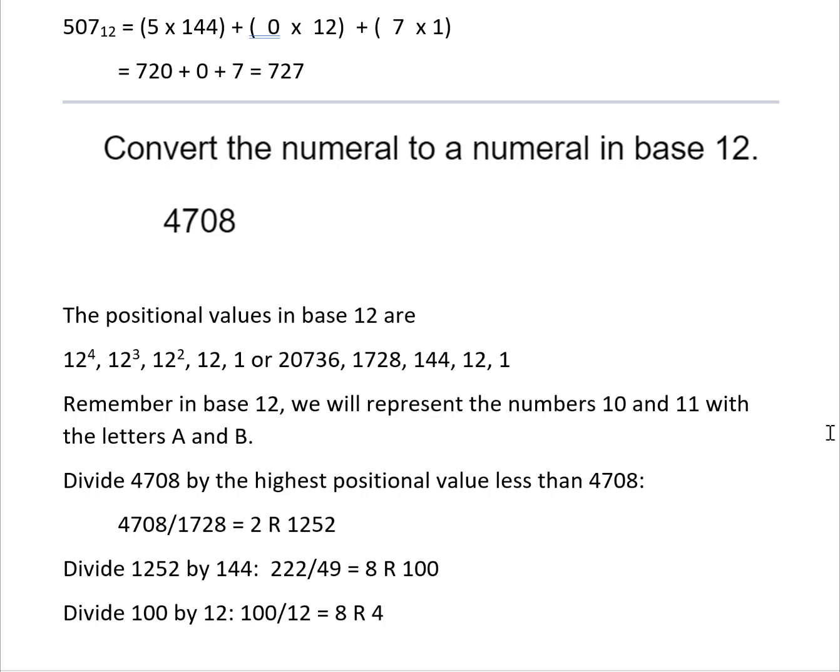Then I drop the 1252 down to the next positional value and divide it by 144. Should be 144. And I get 8, remainder 100, and then take 100 and divide by 12.